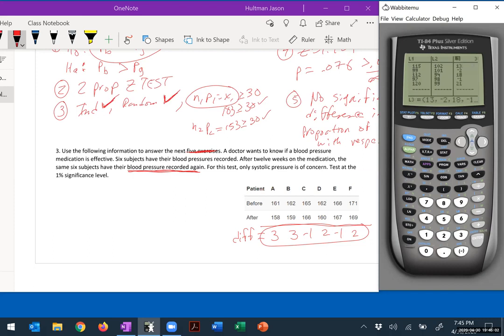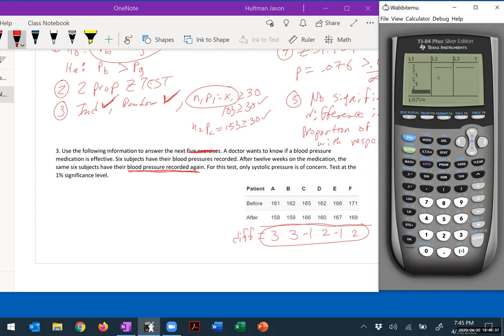If I wanted the calculator to do it for me, I could by just entering in the original data, but I'm too lazy for that, so I always want to do what's most efficient. So let's do 3, 3, -1, 2, -1, and 2. I should have 6 pieces of data: 1, 2, 3, 4, 5, 6.